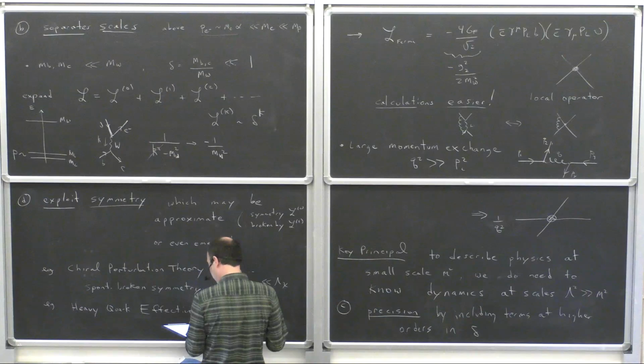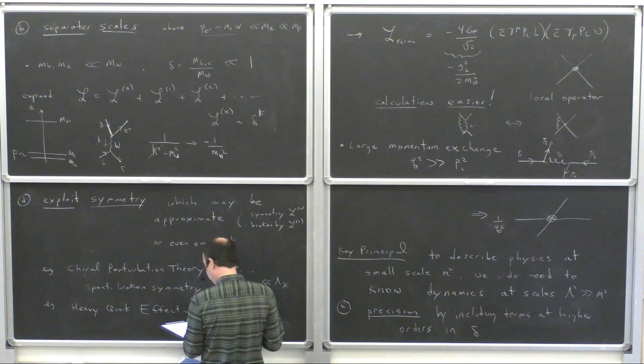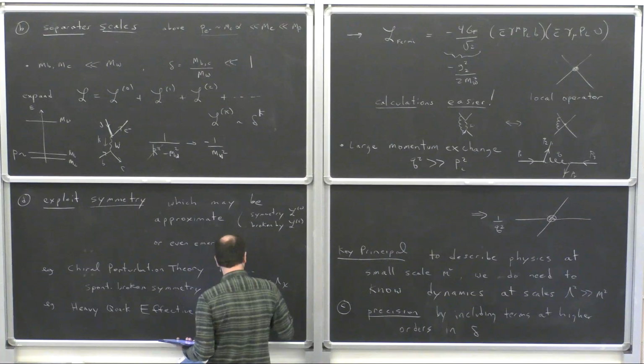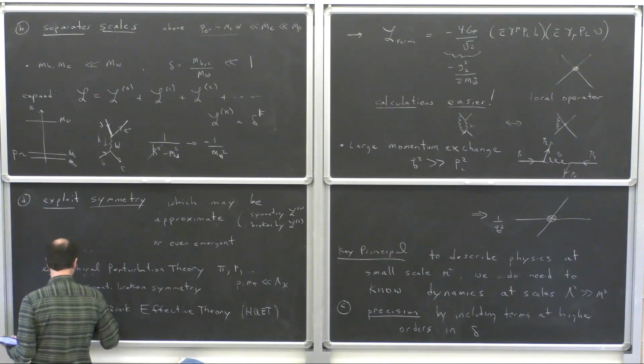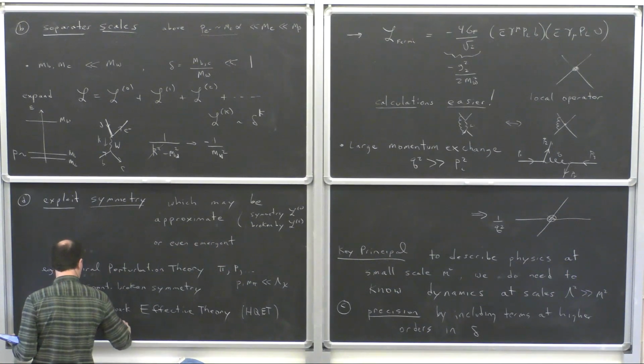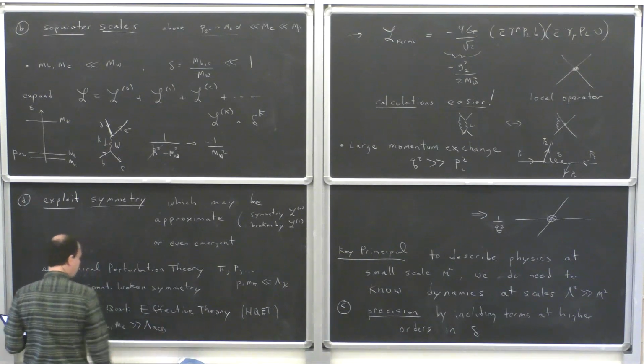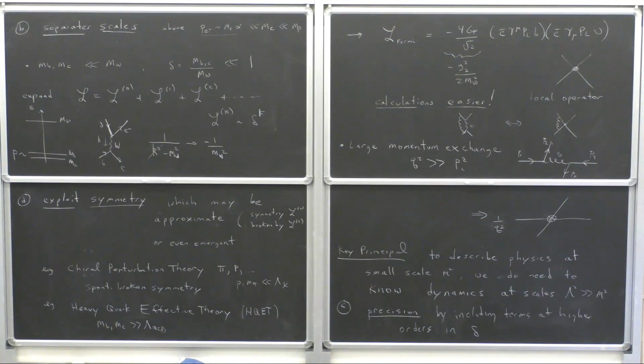So if we take bottom quarks and charm quarks, then we can note that the masses of a bottom quark and a charm quark are actually quite a bit bigger than the confinement scale of QCD, the scale where QCD gets strong, which I denote as lambda QCD. So we can think about that kind of expansion.